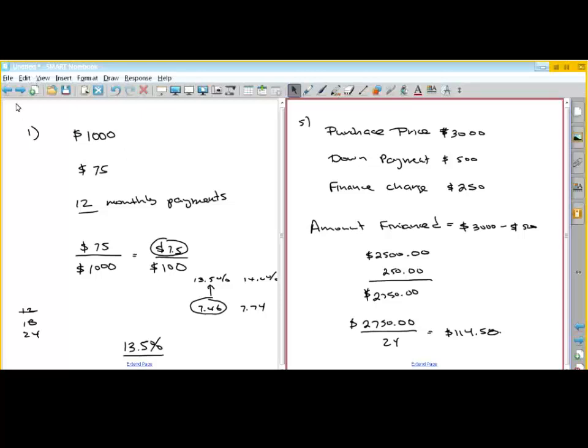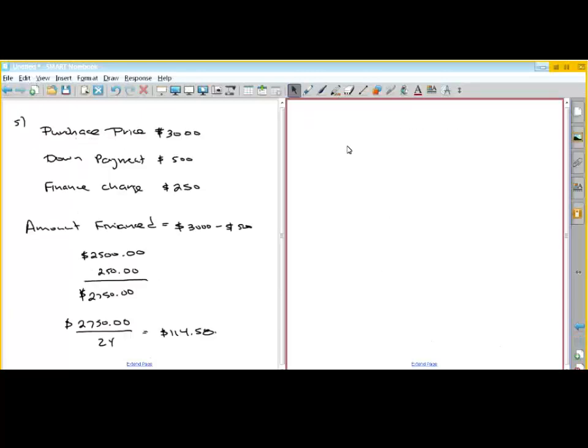I'm trying to think about this relative to what we did with the table. So the finance charge would be the sum of all the interest values, and the amount financed would be the sum of all the principals. And then you add those together and you get the total amount owed, and you divide that by the number of months.